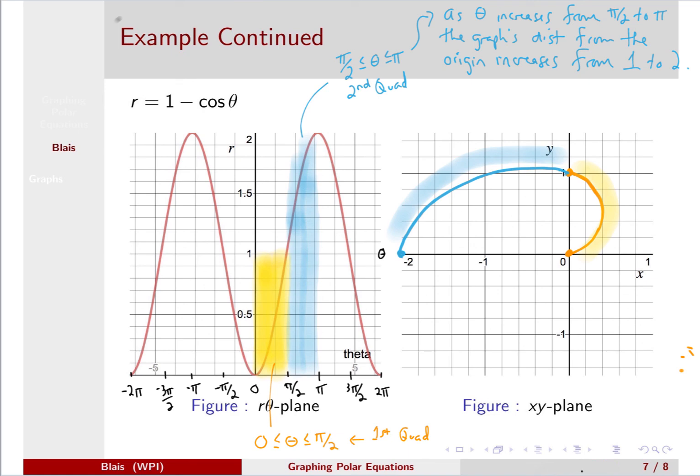Now, don't forget, what did we detect early? We detected x-axis symmetry. So we can utilize that x-axis symmetry to reflect this entire piece down about the x-axis.